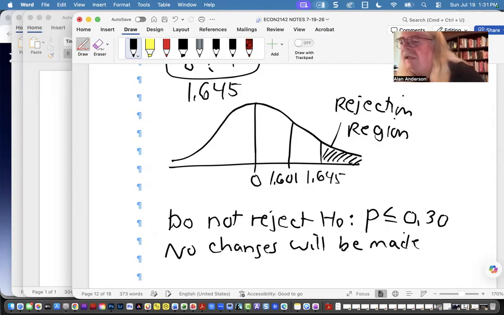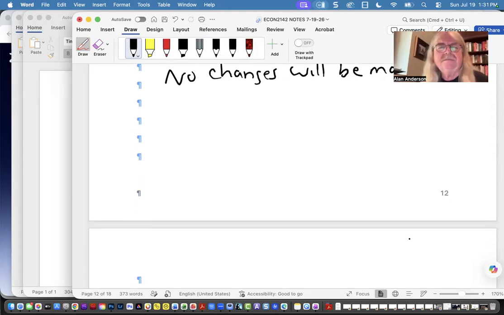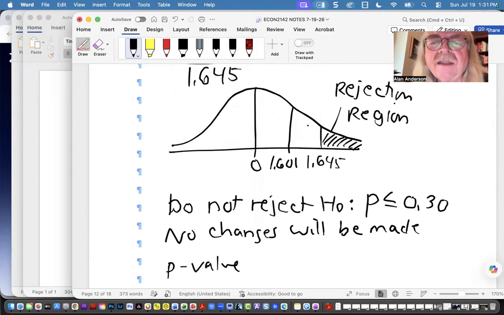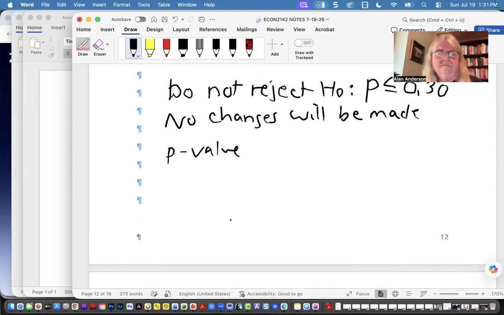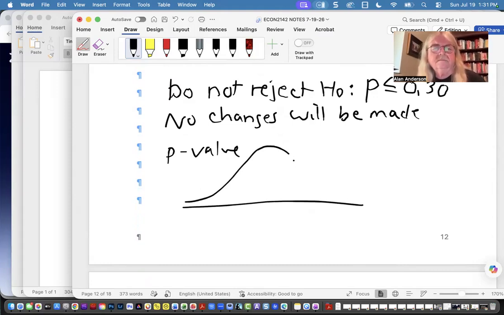All right. Now, of course, we now want to check out the p-value. It's very straightforward. Anything greater than 1.601 represents the p-value, because that's a test statistic.